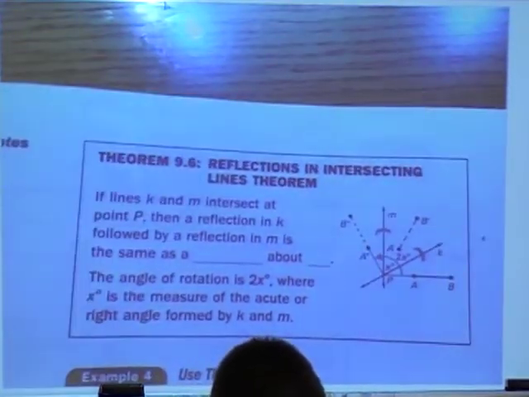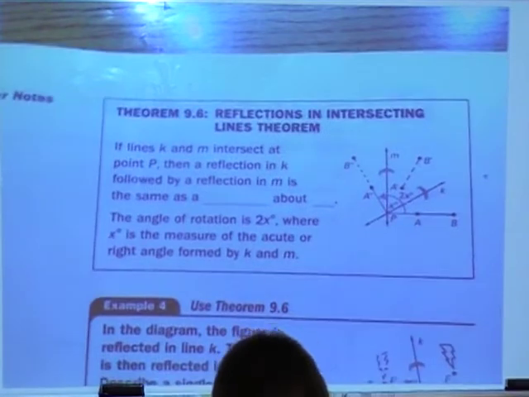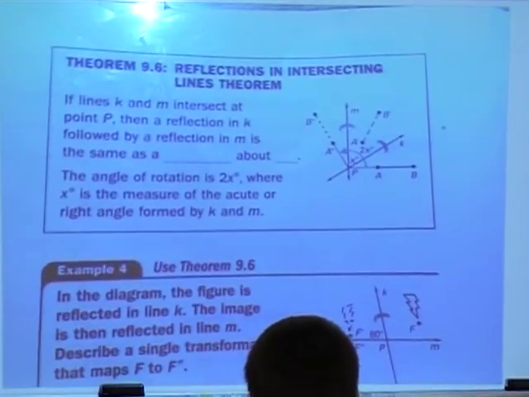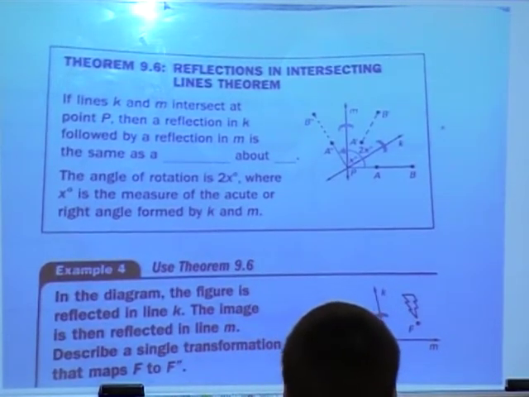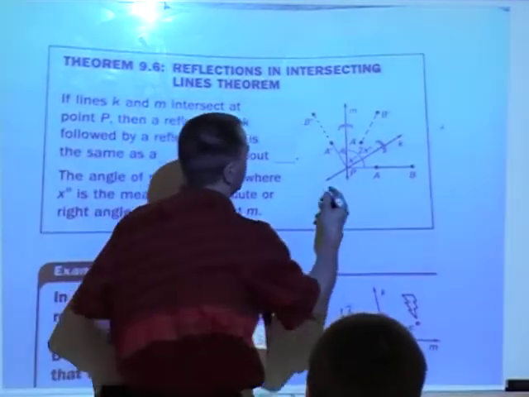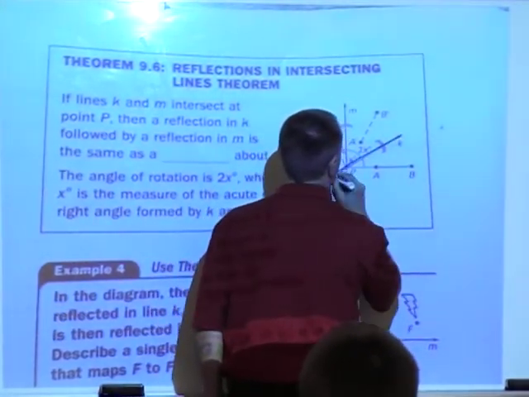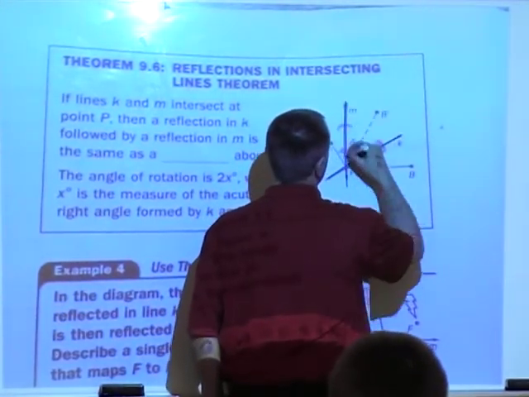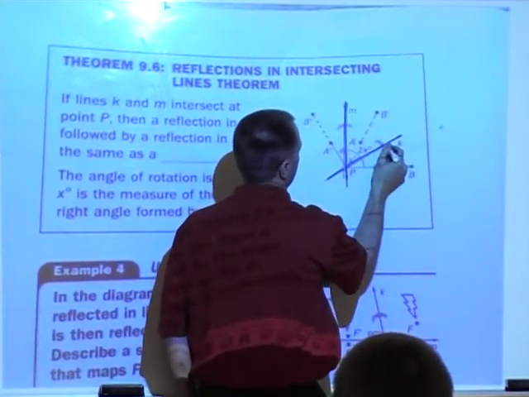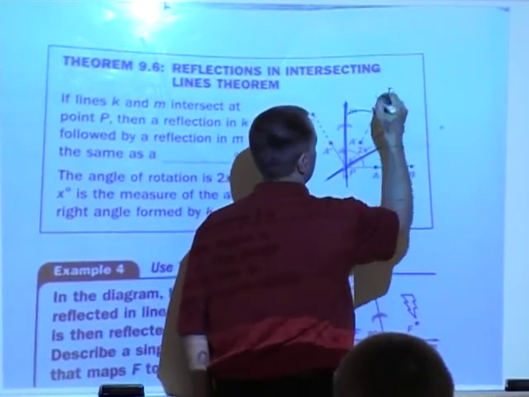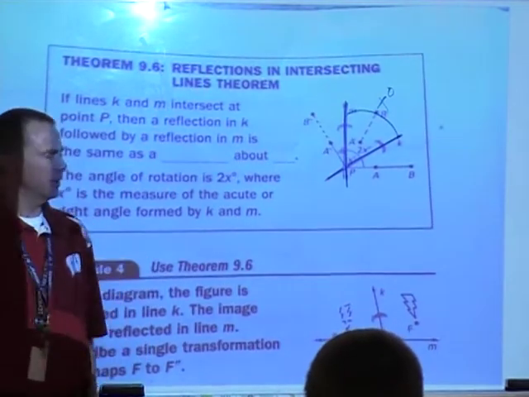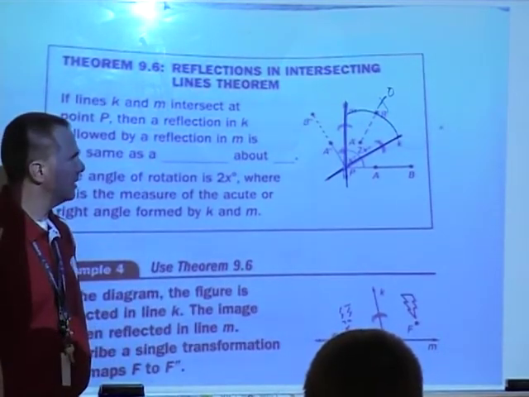9-6, reflections in intersecting lines theorem. Here's something you've never thought of before. So these two lines, line K and line M, make a certain degree. They call it X in your book. Okay, it's X degrees.